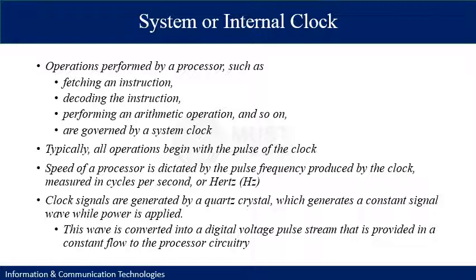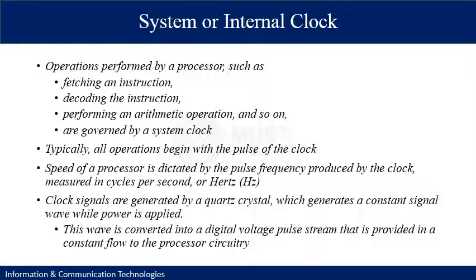So operations are performed by the processor. For example, as we discussed in the machine instruction cycle, fetching the instruction, decoding the instruction, performing some operation, and storing the result are also controlled by the CPU, and the CPU is controlled by a system clock.